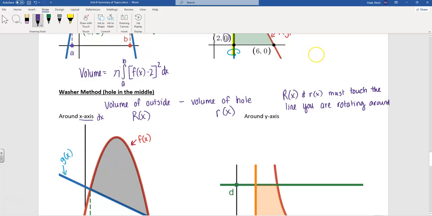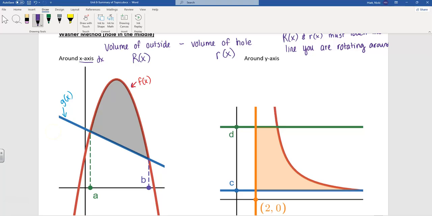Because what a lot of kids do wrong here is they'll call this, don't write this down, this is not right, they'll call this capital R right here. And that is not what we do. That would be like an S, and that would be cross sections, and that is not what we're doing here.